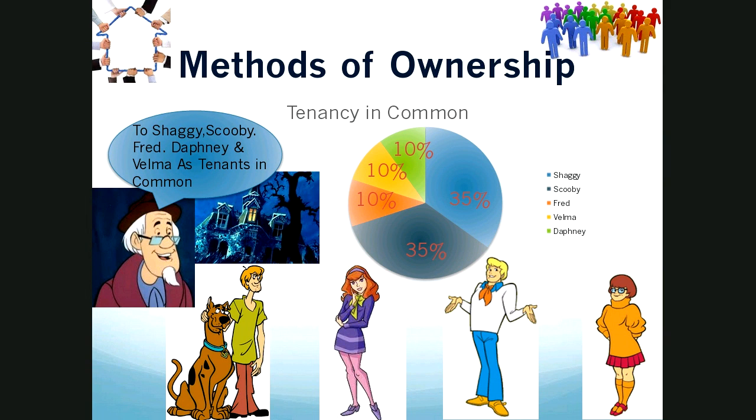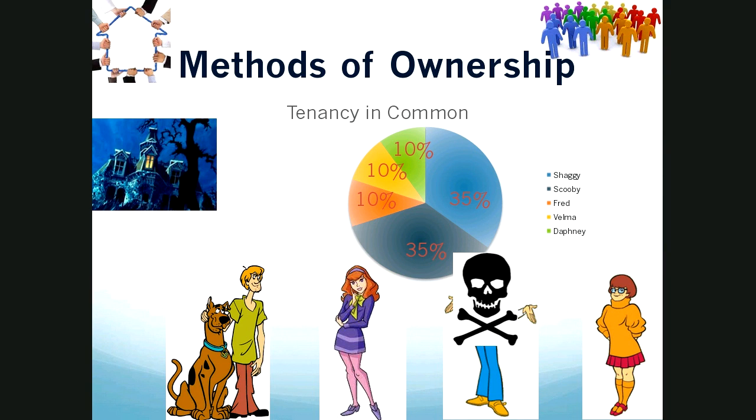So those are sort of the basic differences, but the real difference comes in when death strikes, right? So if Fred dies in a joint tenancy with right of survivorship, his interest would pass to the other four owners, right? Scooby and Shaggy and Daphne and Velma.